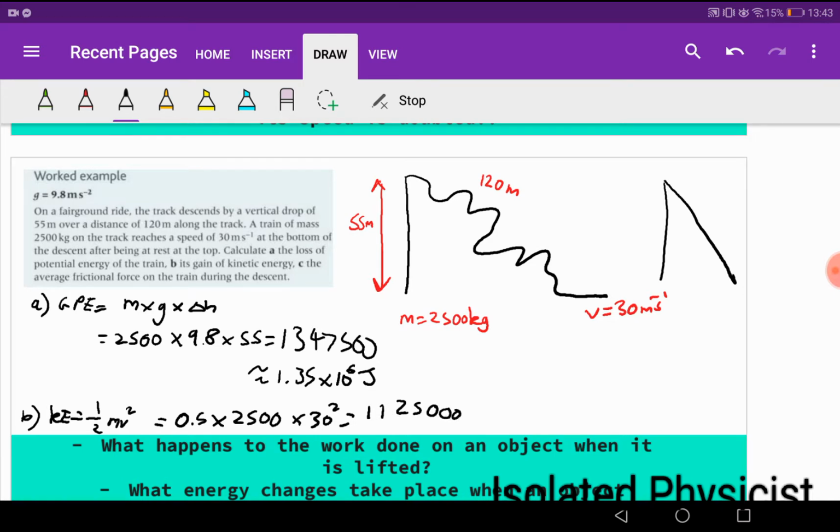Just to subtract these, use their actual values. So 1,347,500 was the original amount. So actually, the amount lost, if you subtract them, is 222,500. That's how much you've lost.